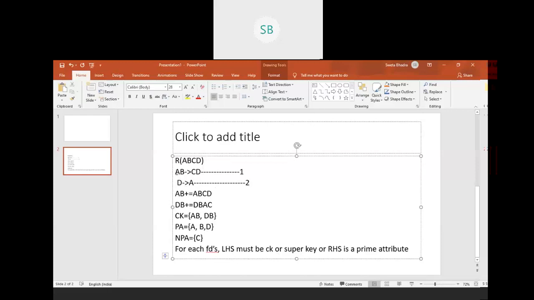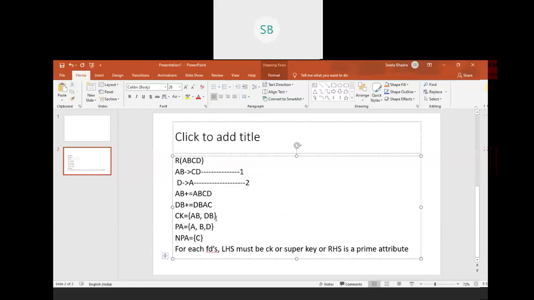Obviously this is a candidate key, so this functional dependency is okay. Now for the second one, you check D. Is D a candidate key?